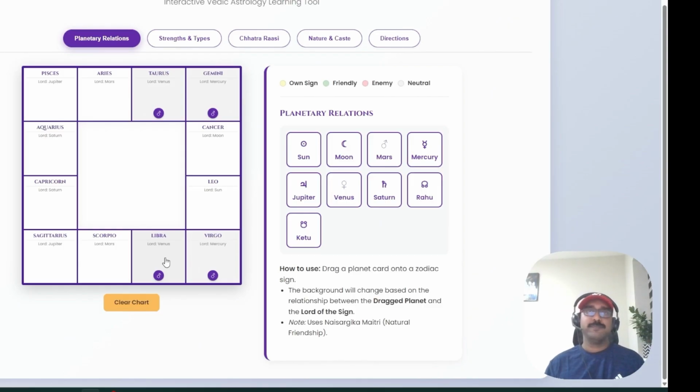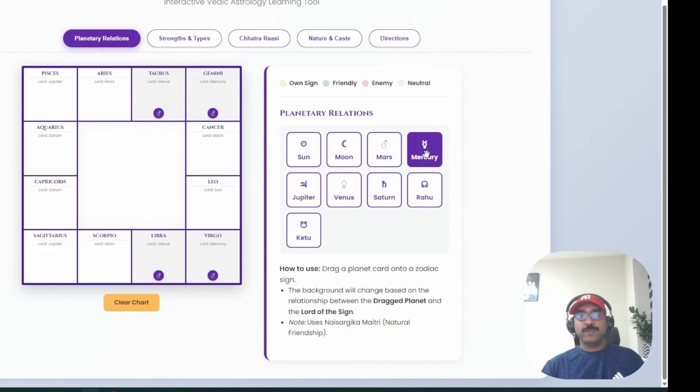Your relationship with the planets decides your relationship with the rashis, right? I mean, the lord of the rashi is considered for the relationship, because for Taurus, Venus is the lord. So how the Venus and Mars relationship is, based on that, that specific placement is considered.